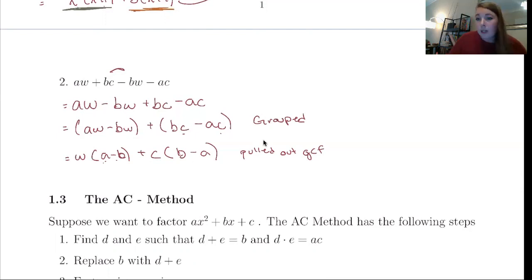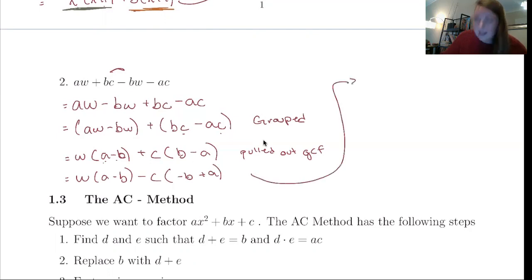I can pull out an additional negative. So what that means is I can write W times A minus B minus C times A minus B. That switches the sign of each of the terms, so that would make negative B plus A. So even though I called my greatest common factor out, I can still also pull out a negative 1.